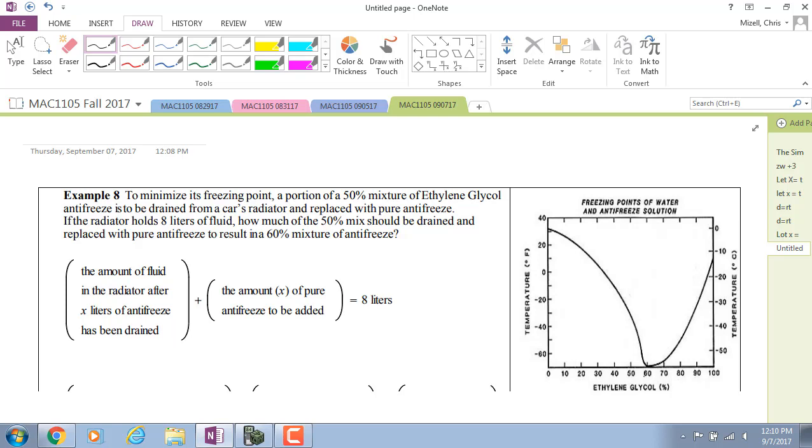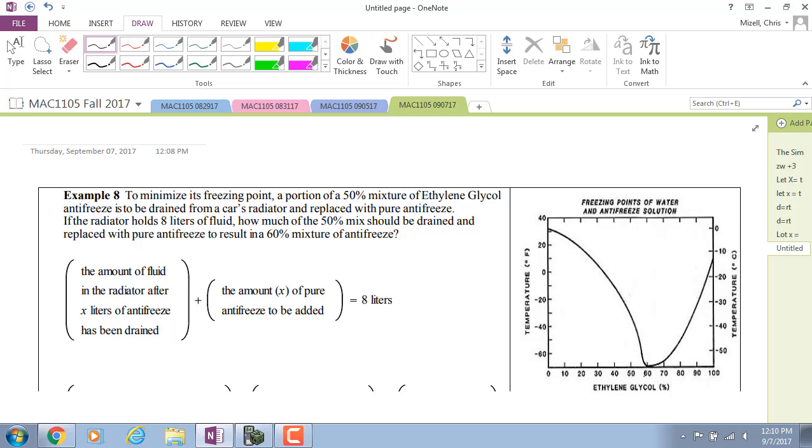So right now, we're going to drain off a little of what's there, which is a 50% solution, and replace it with pure antifreeze. If we exchange 50% for 100%, that's going to strengthen it a little bit. Depending on how much we drain and replace, it's going to strengthen it to maybe 51%, 55%, 60%, 70%. So we're going to see if we replace enough to make it a 60% solution.